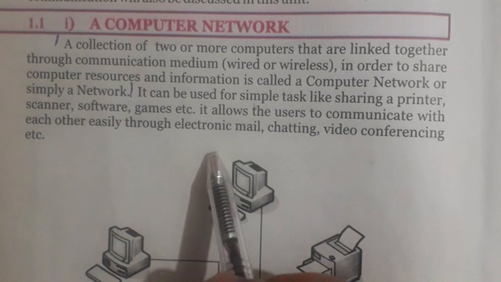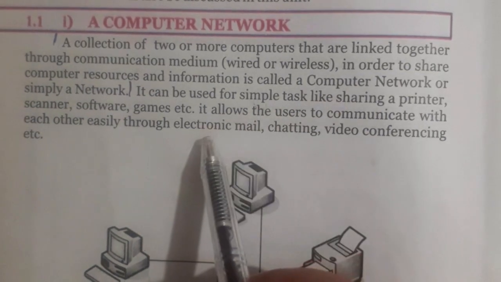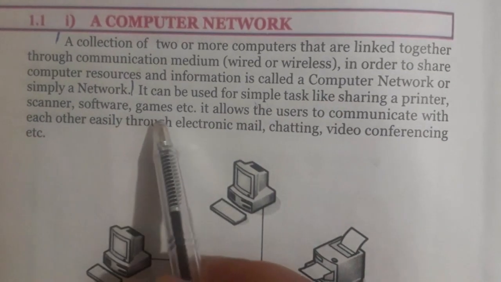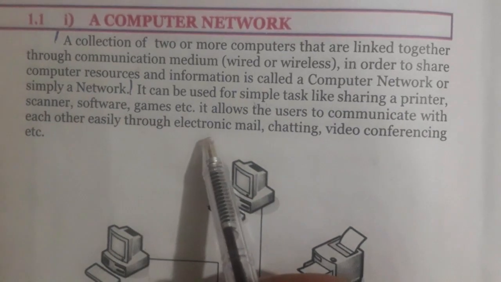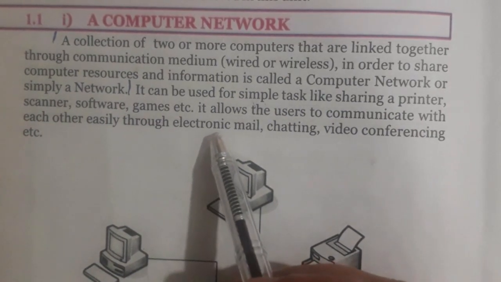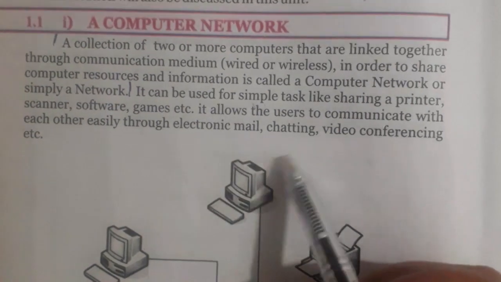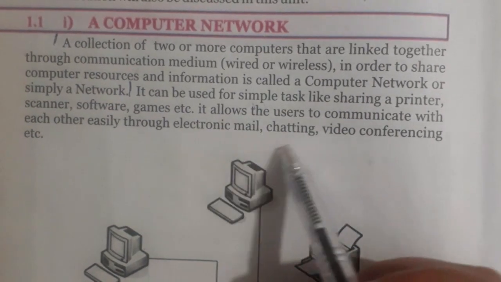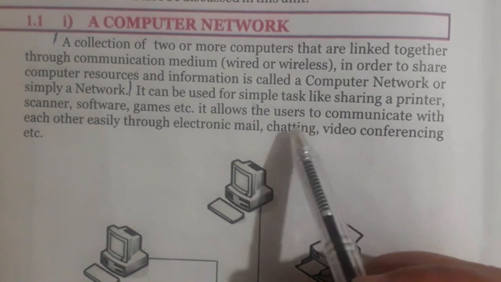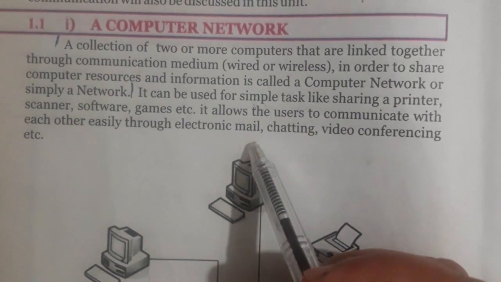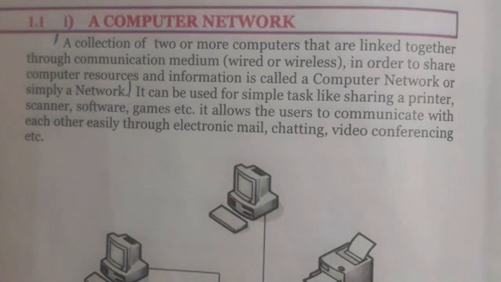The shared resources may be printer, scanner, software, games. And if we want to send email, for video conferencing, for chatting, there must be a computer network. All these services can be done with the help of computer network.